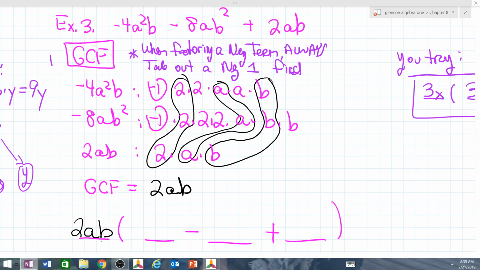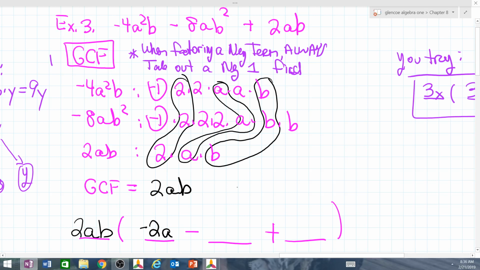All right, now I look at the first term, negative 4a squared b. What's left over? A negative 1 times 2 times a, which gives me what? Negative 2a. Good job. Then I look at the leftovers from negative 8ab squared, which would be negative 1 times 2 times b, or what?